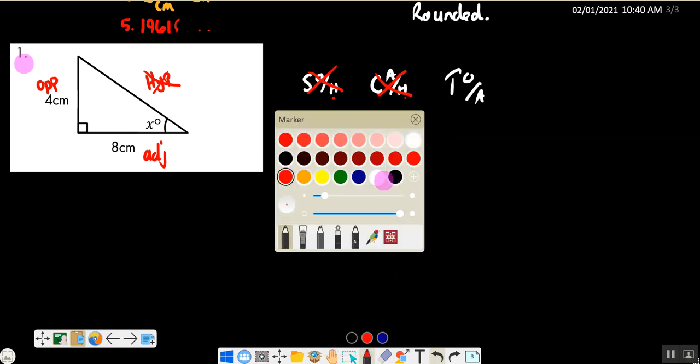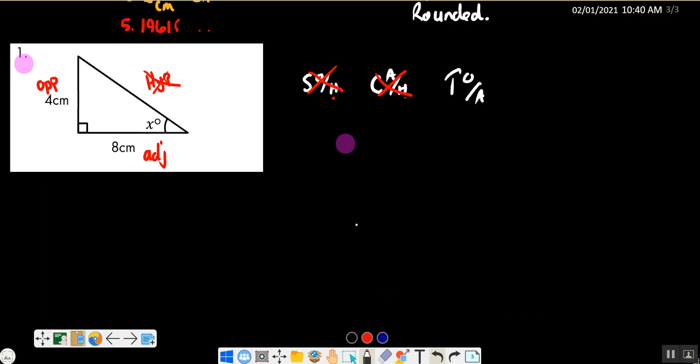Okay? So we can write down the tangent of the angle is equal to the opposite side divided by the adjacent. Again, you might think it's overkill. I'm writing all that, I don't need to, but I can check my work if I do this. Then I can fill the gap. So, tan, instead of theta, what can I write?